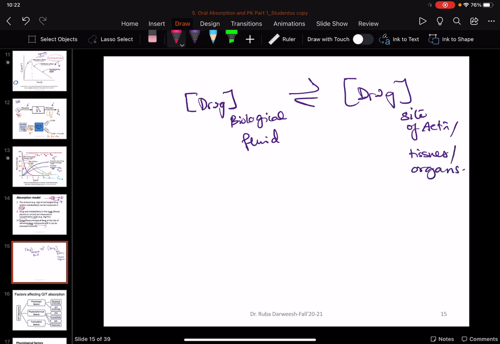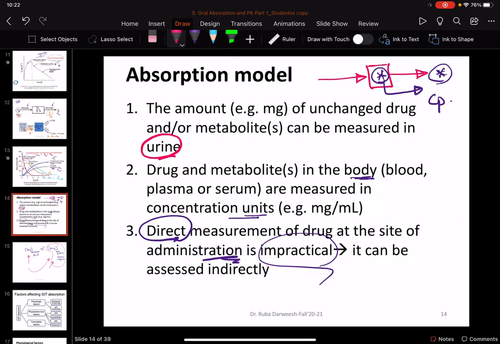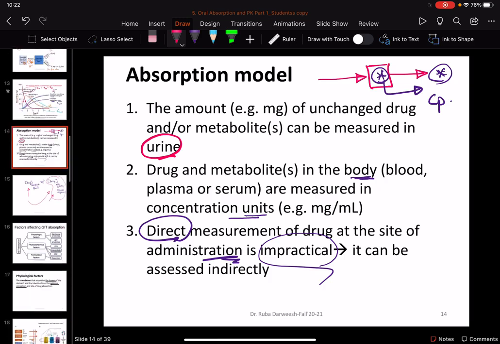Why is this? Because the measurement at this site is not practically feasible, so we depend on this to indirectly know whatever is happening here, which is the kinetic homogeneity principle. Okay, so those are things that you already know.